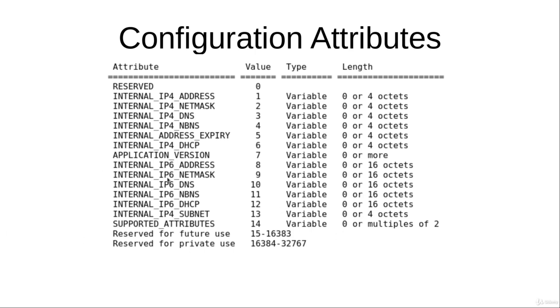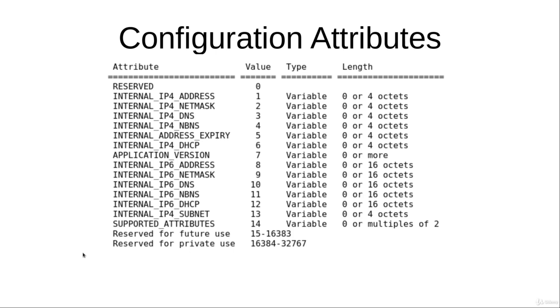Some of the configuration attributes include internal IPv4 address and internal IPv6 address. This address is sometimes referred to as a red node address or a private address used for the IPsec communication inside the tunnel. Multiple internal addresses can be requested by requesting multiple internal address attributes.